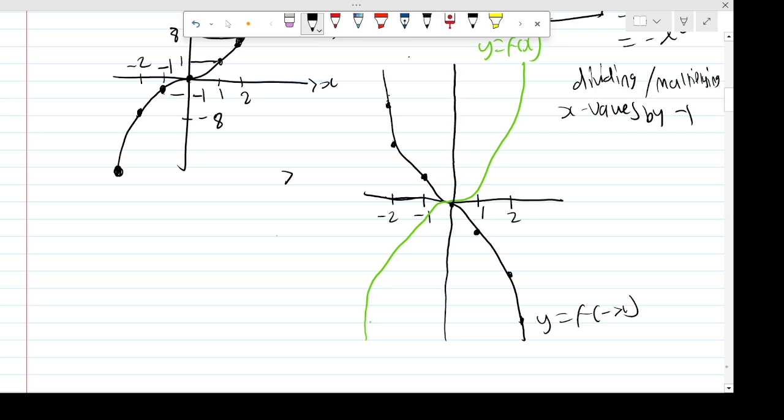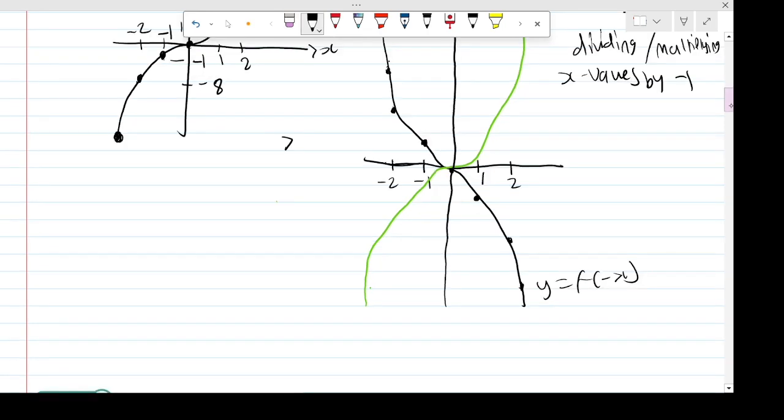The black curve gets reflected into the mirror and it goes to the green curve there. Likewise, down here, the black curve gets reflected through the mirror line and goes to the green curve over here. So the curves are reflections in the y-axis.